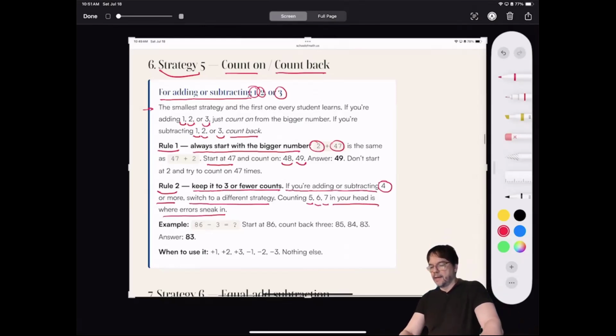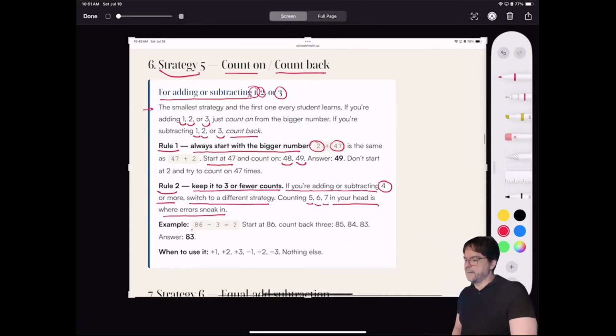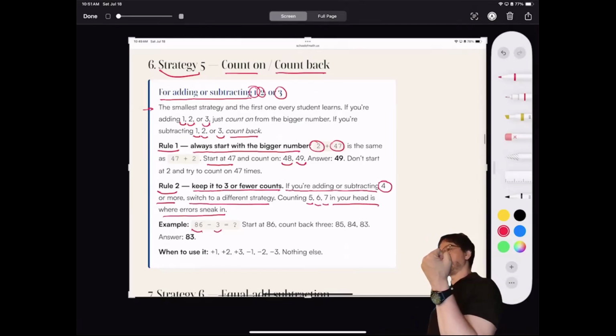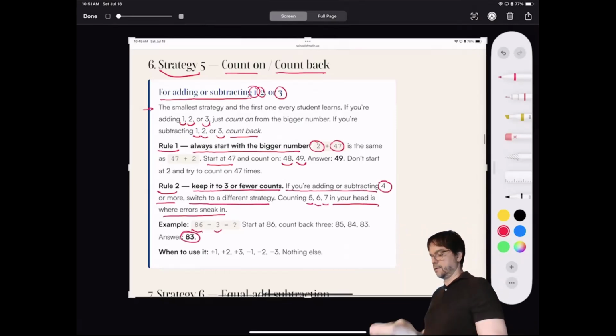Look, 86 minus 3. Can I count it back? Okay, so 86, 85, 84, 83. Okay?